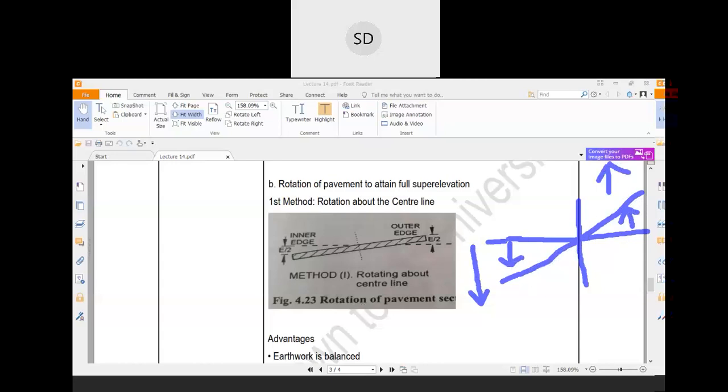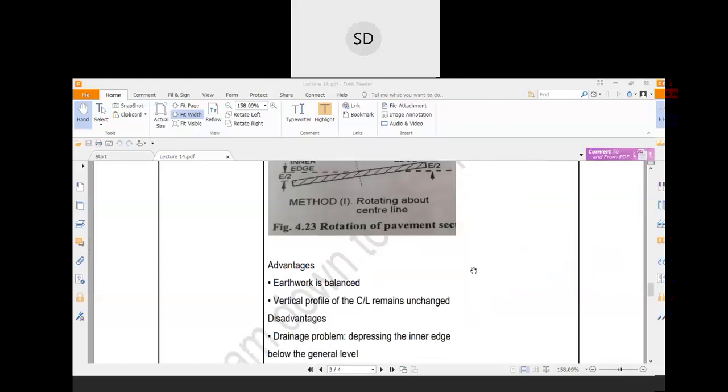So therefore the earthwork is balanced in this type of process. And another thing, the elevation of the central line of the road remains unchanged, because you are rotating the pavement about the central line.